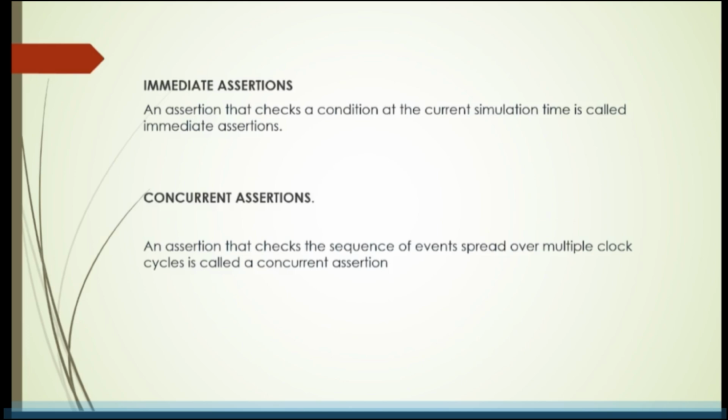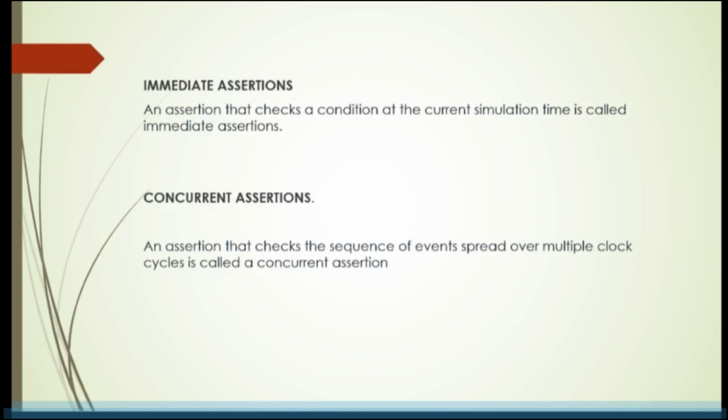If the if condition is true, then the else is not taken; if the if condition is false, then the else is taken. So it is checked immediately. Similarly, an immediate assertion is also checked at the current simulation time itself.